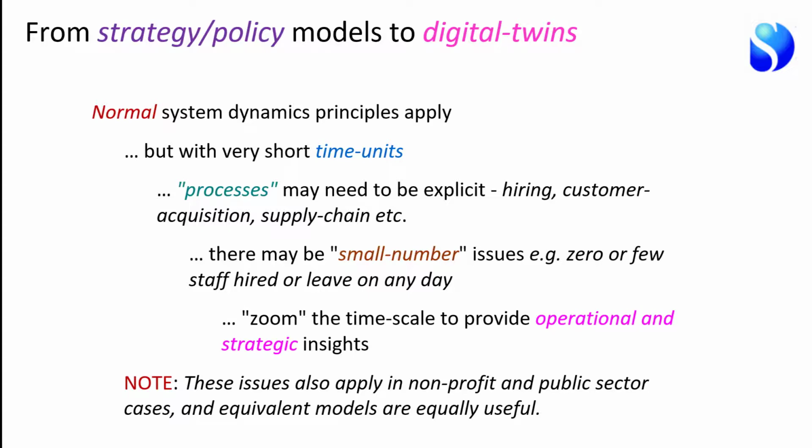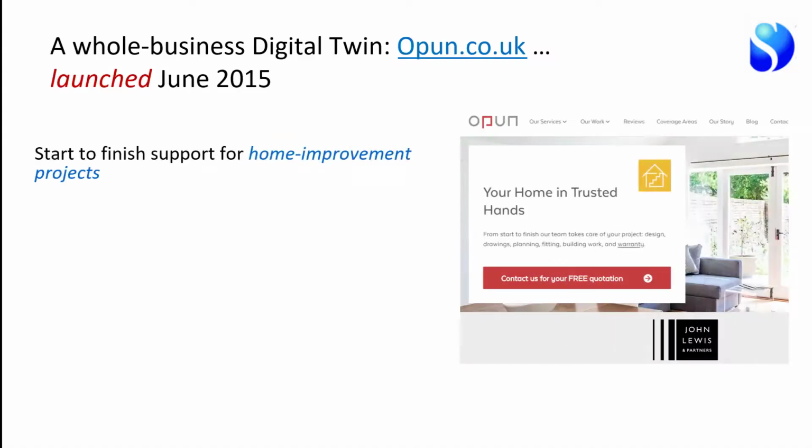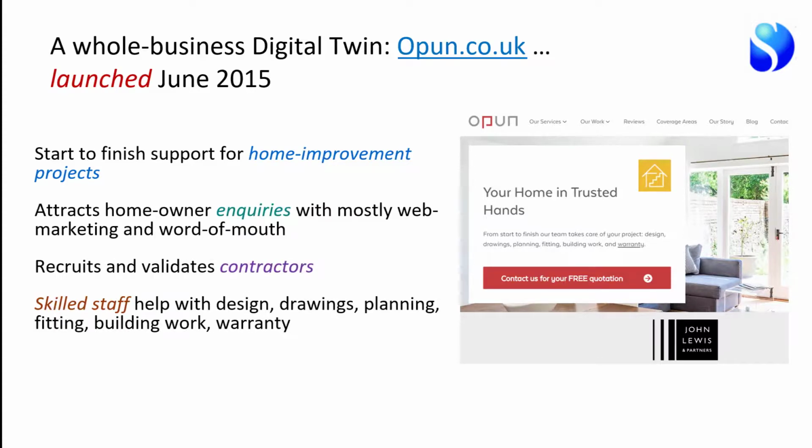Just note, by the way, that these issues also apply in non-profit and public sector cases, and equivalent models are equally useful. Now, we can adopt the same principles and look at a whole business digital twin. This concerns a company called Opun.co.uk. They provide support for people wanting to do home improvement projects. They get homeowner inquiries with web-based marketing and word of mouth.